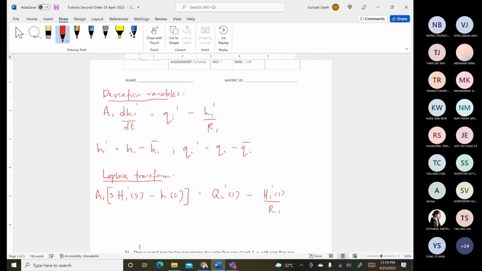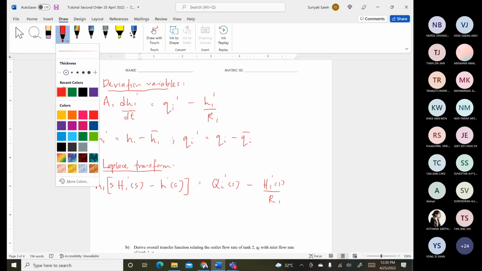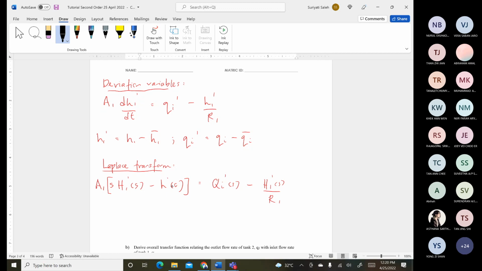This is after the Laplace transform. The main difference is I change the small letter into the capital letter, and I put the (s) bracket to indicate it has been Laplace transformed. For the differential term, you obtain s H1 prime(s) minus H1 prime(0). The second part, H1 prime(0), normally can be negated because it represents the 0 value.